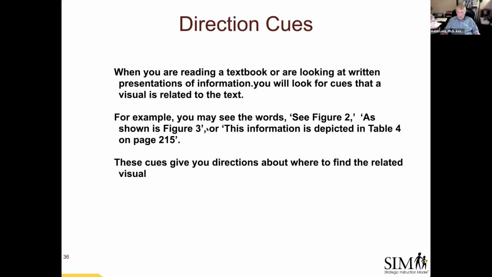As shown in figure 3, or this information is depicted in table 4 on page 215. So depicted and shown give you a relationship to text. Figure 3, table 4 on page 215 give you the directions. It gives you directions about where you should look for the visual. These clues give you directions where to go.